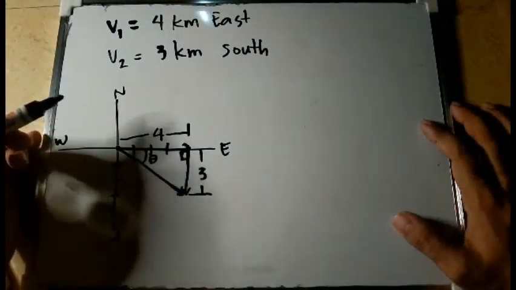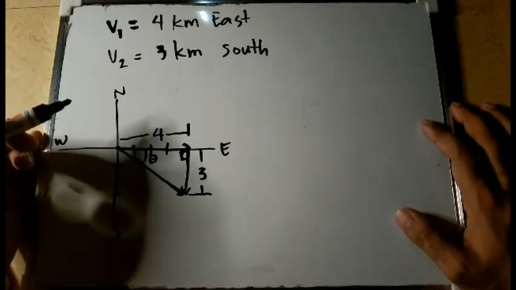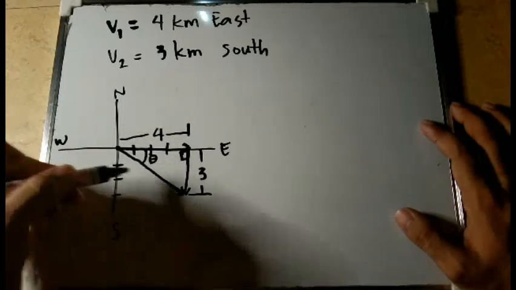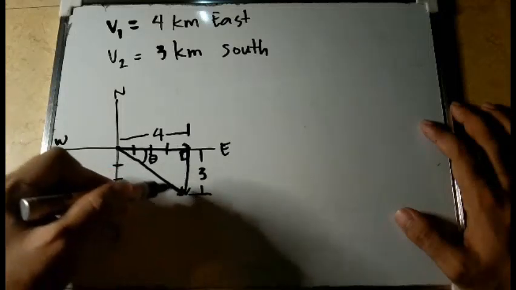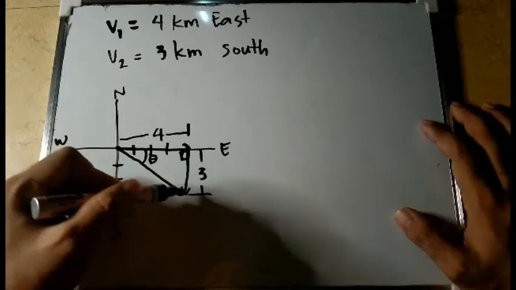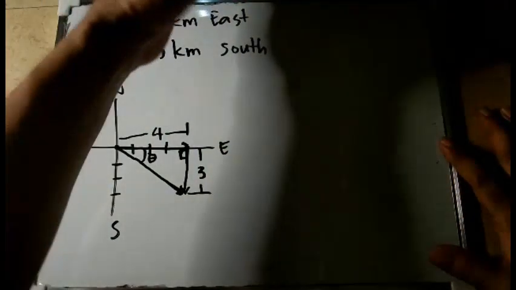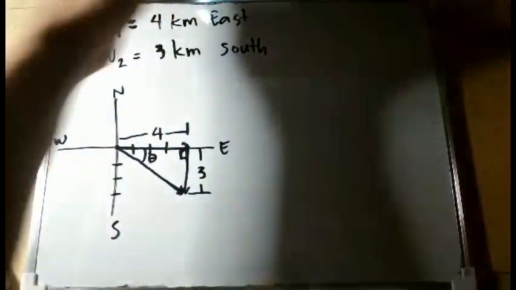So ang gagawin natin, okay, so para mahanap natin yung magnitude, meron tayong involved na right triangle, tama? Okay, so para mahanap yung magnitude, remember, di ba, we have in Pythagorean theorem, we have c squared is equal to a squared plus b squared.